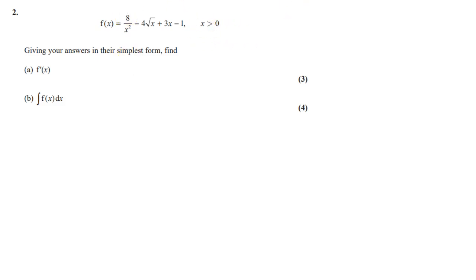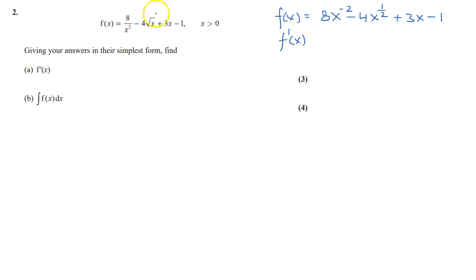Question number 2: f(x) is equal to 8x to the power minus 2 minus 4x to the power half plus 3x minus 1. We have to find the integral of this, that is f dash x.